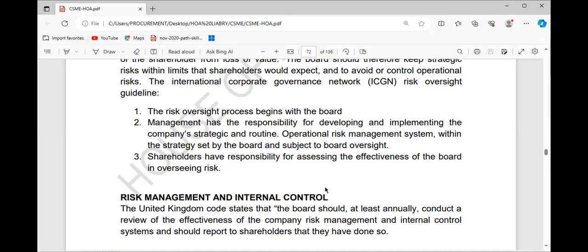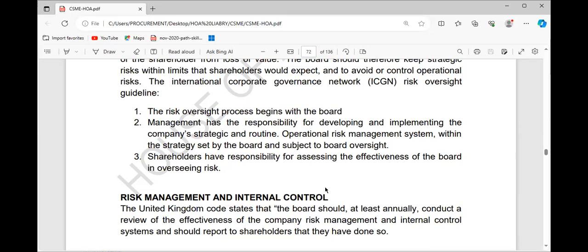What we are saying here is that it is the responsibility of the management to implement the type of control they are going to employ, the type of strategies they are going to use in order to limit, to reduce the risk, in order to control the risk and in order to manage the risk.